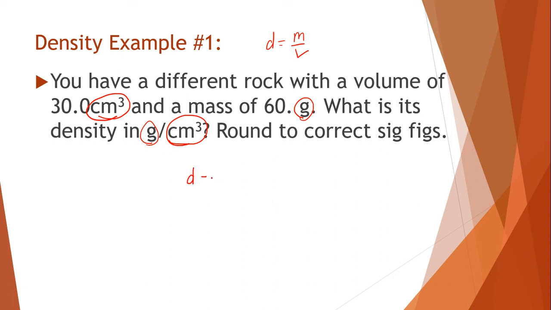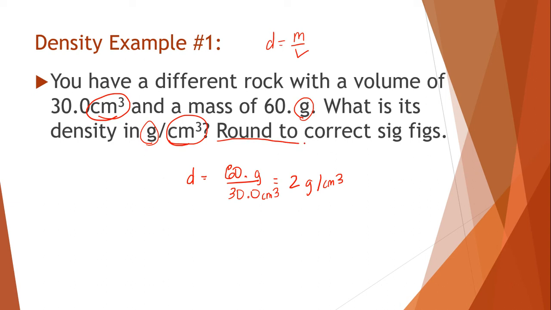I don't know density, but my mass is 60. My volume is 30. And when you divide that, you get 2. Now remember, this is 2 grams per centimeter cubed because this was 60 grams and this was centimeters cubed.